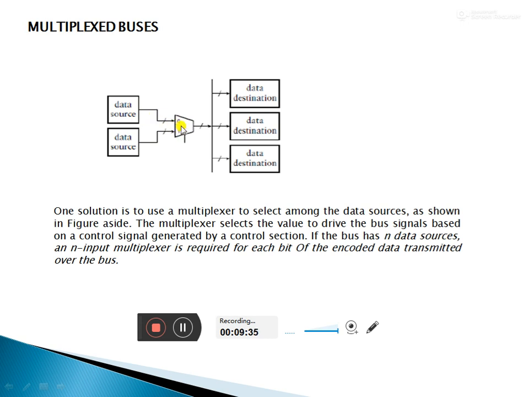Two input devices are there, and we will get a single output. We can connect more devices. That is called multiplexer operation. The multiplexer selects the lines and drives the bus signal based on this, connecting one device to another. The number of devices we connect here is called the multiplex bus.